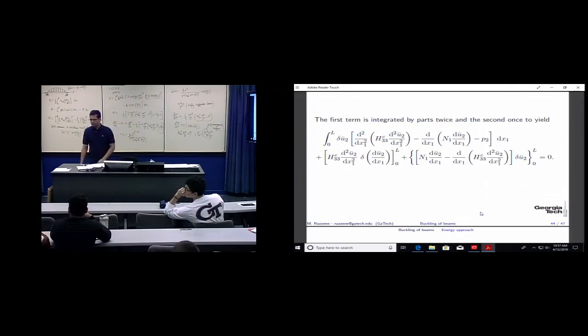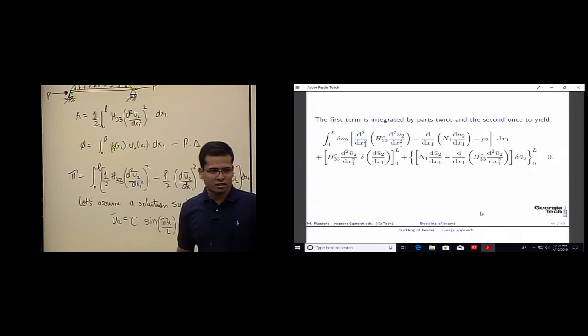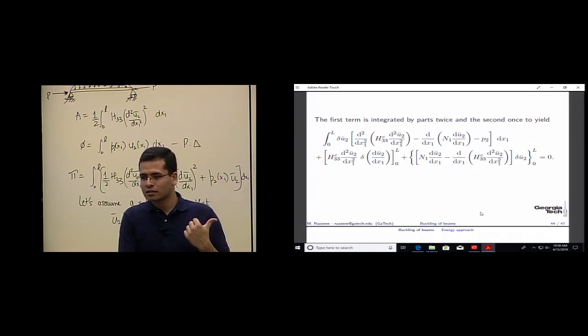If we don't assume V2 equals C prime, is there no way to solve the problem? I think you need to know the displacement profile. So what you would do is still take the variation equal to 0, get the equilibrium conditions, which are the governing differential equations, and then solve them using the method we saw in the last class.